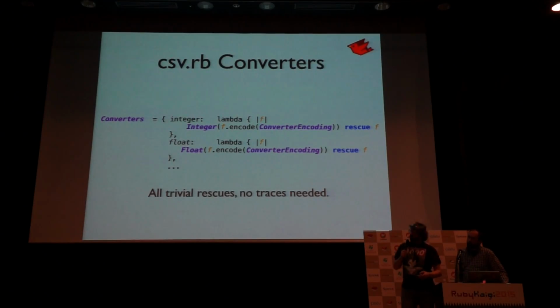So at the worst case, every value that was coming out of csv.rb, or being parsed by that library, was generating 3, 4, 5 exceptions with full backtraces. And of course, this also hurts MRI, but for us, it was catastrophic, terrible performance. We're something like 20 times slower than MRI at generating backtraces. So we needed to figure this out.